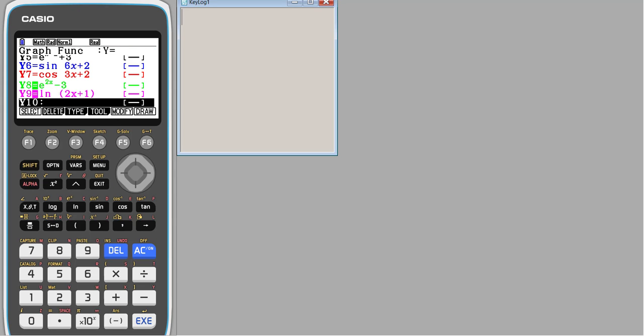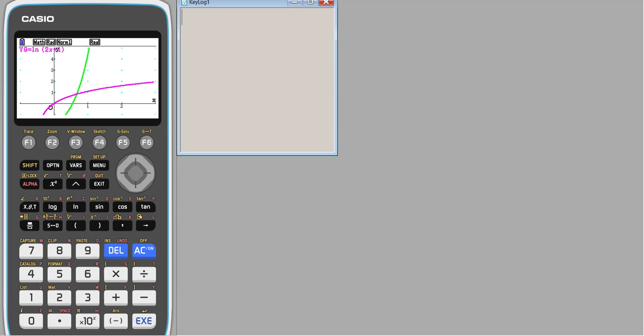I'll press F6 to draw it, although I've got a syntax error because I typed in the x and not used the x button. Okay, try this one again.